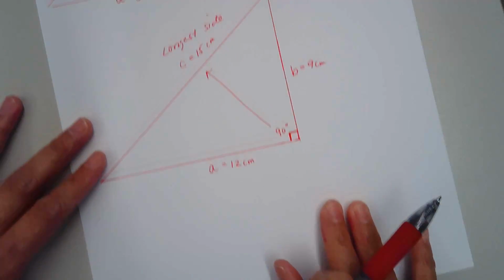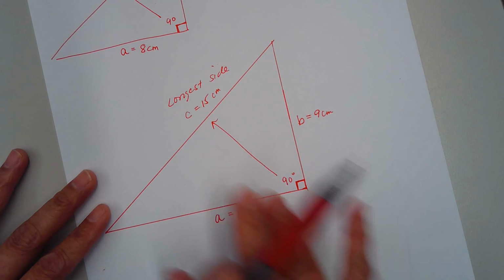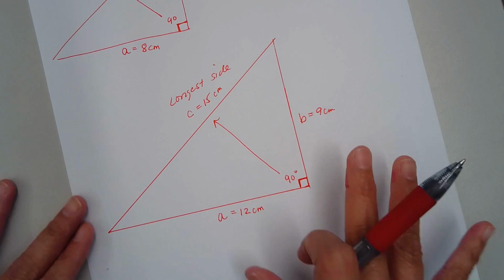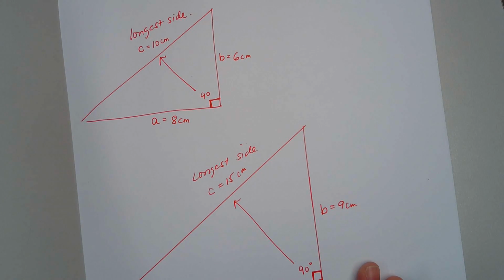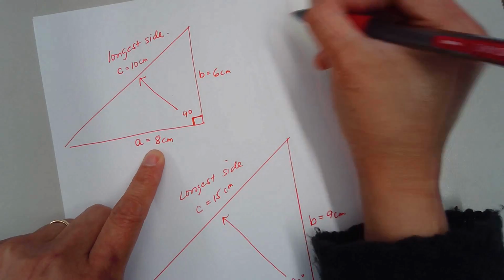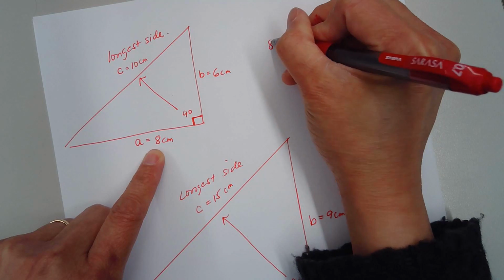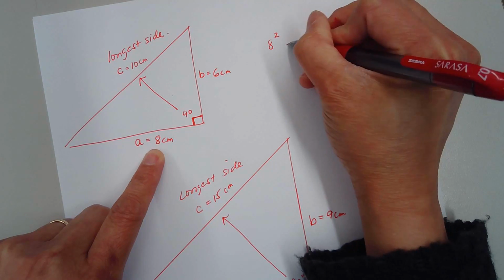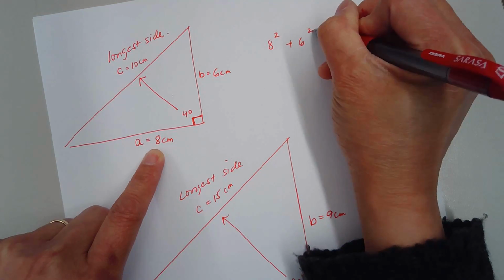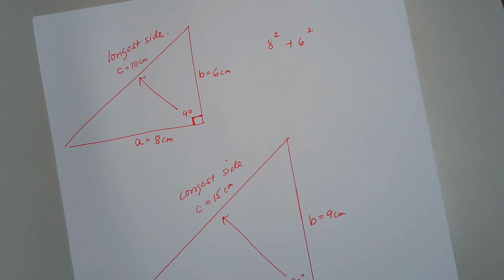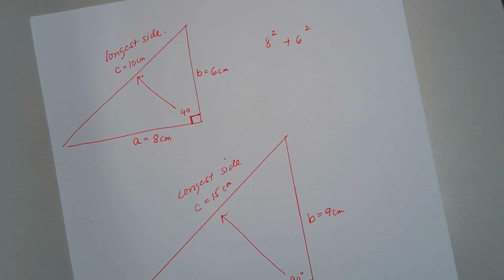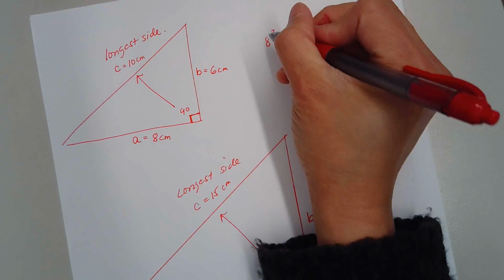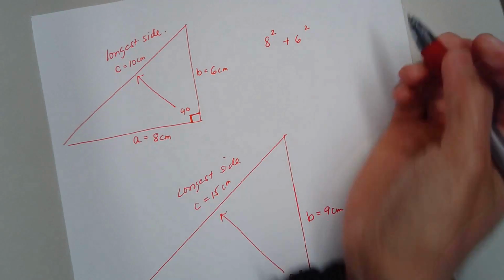What did you get? Okay, before we move on, 8 squared plus 6 squared is equal to 100.